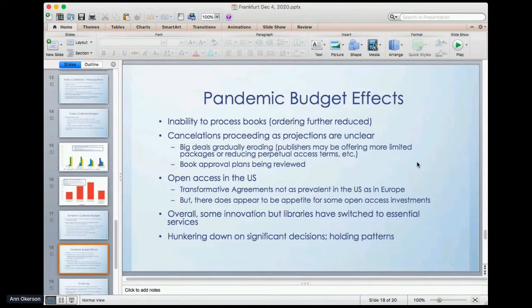There does appear to be some investment in this country for open access. If presented with an open access possibility to contribute, as in things like Subscribe to Open, libraries are actually interested in those and may find the funds. Overall, there's some innovation, but libraries have switched to essential services, and we are hunkering down on significant decisions.